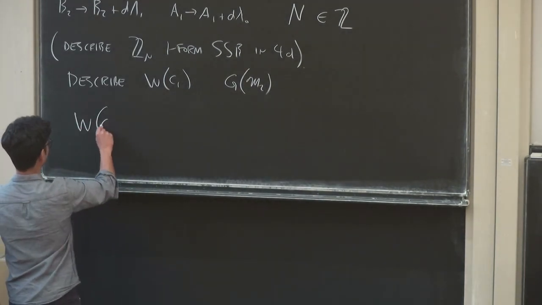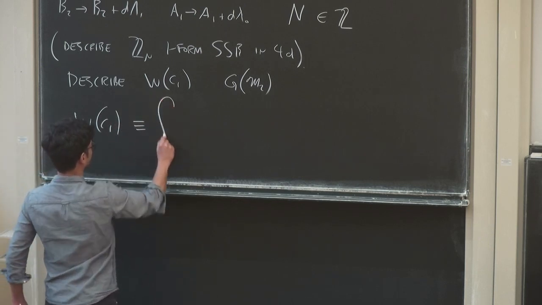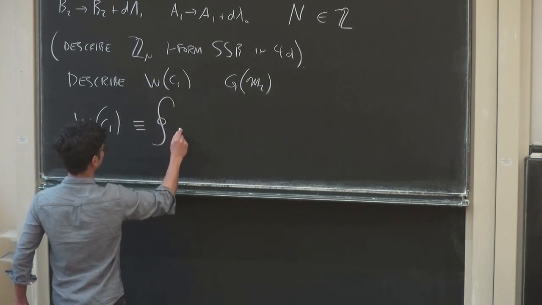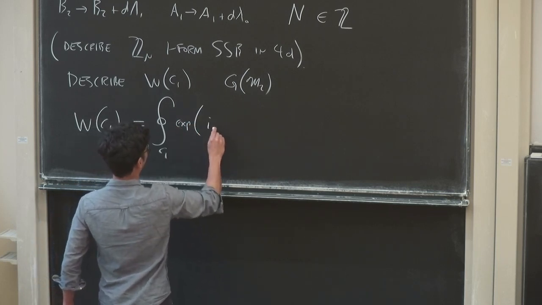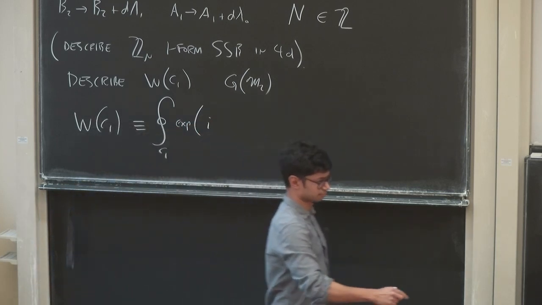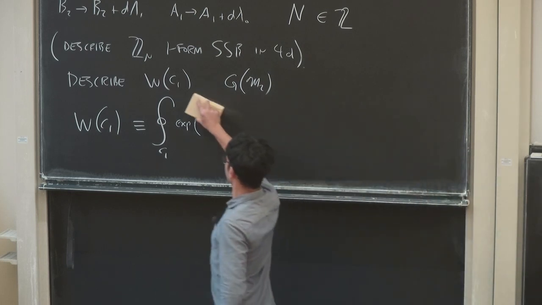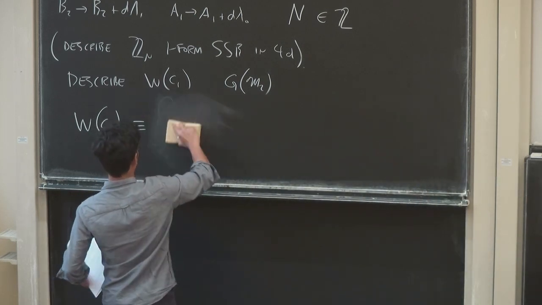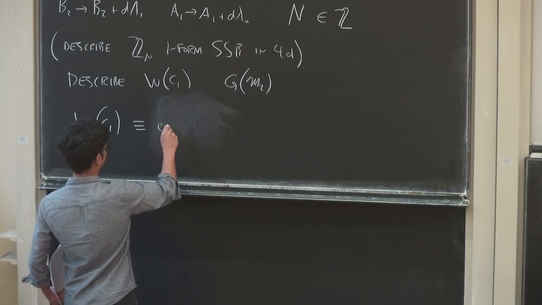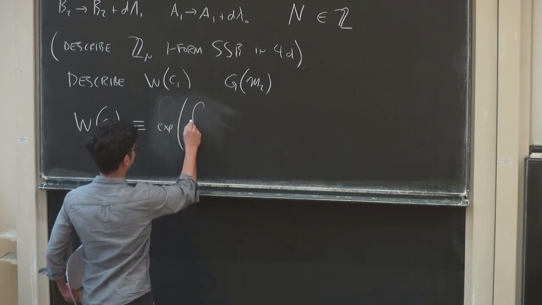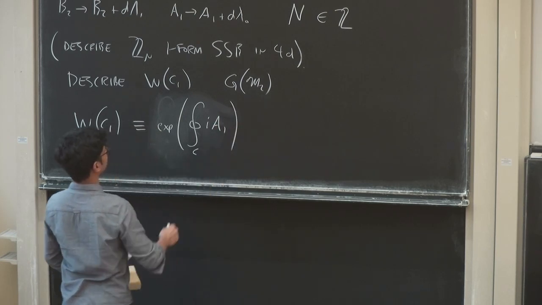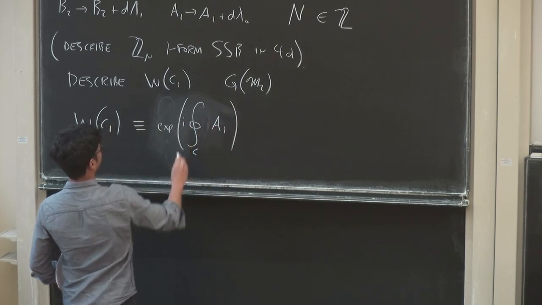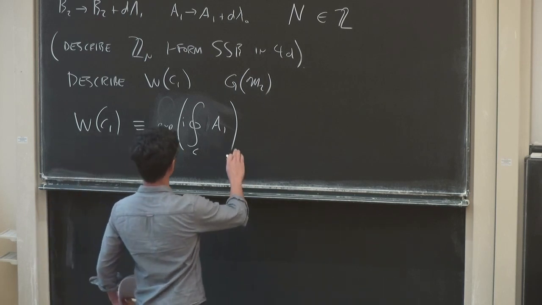W of C1 is defined in terms of these low energy fields as the exponential of i. Oh, I messed this up. Exponentiating does not commute with integration. It's the exponential of i times the integral of A1, putting the i outside, over C1.